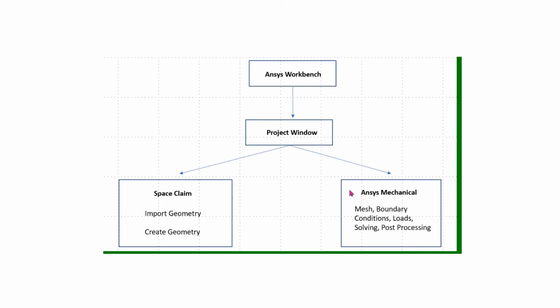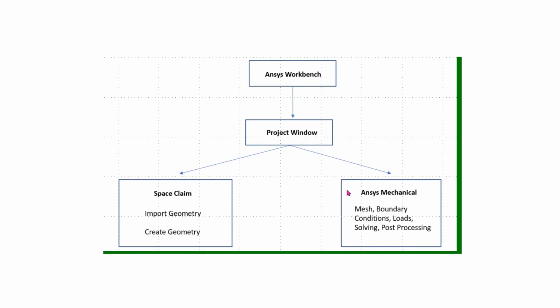Ansys Mechanical is the second package and uses the geometry from SpaceClaim to mesh the structure, assign boundary conditions and constraints, apply the loads, and send the model to the solver. It's also used for post-processing. Several very good tutorials on SpaceClaim and Ansys Mechanical can be found on the web. Be sure to include those names in the search.